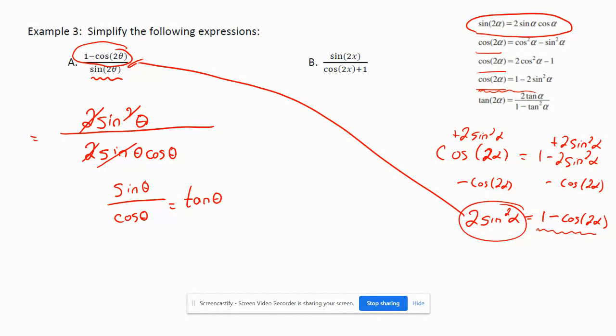Very similar example for example B. We have sine 2x over cos 2x plus 1. Guys, I'm just going to go ahead and erase, give myself a bit more room over here.